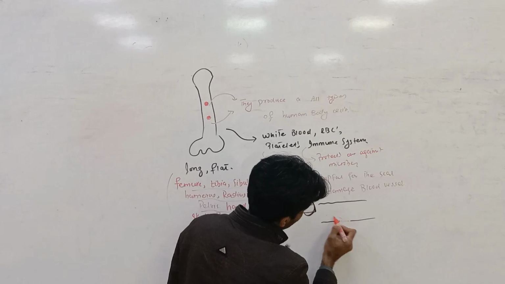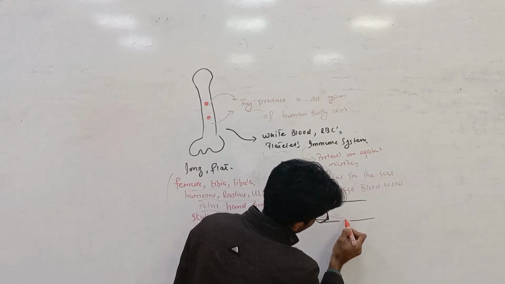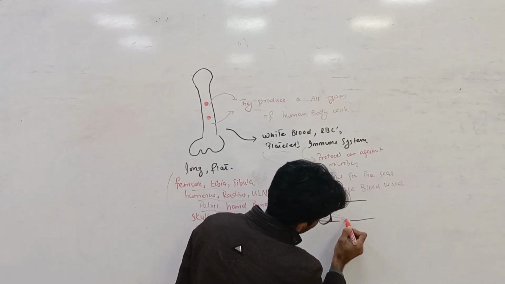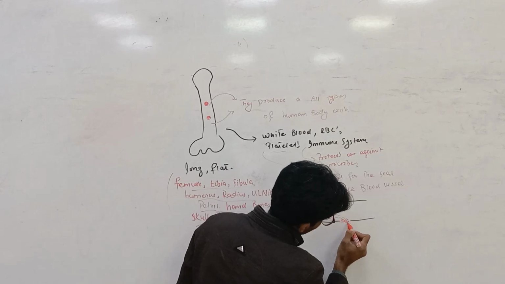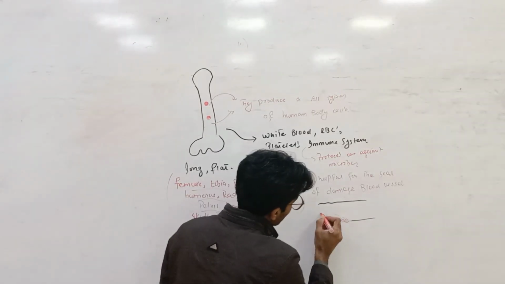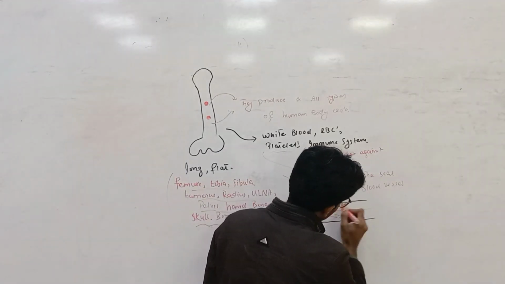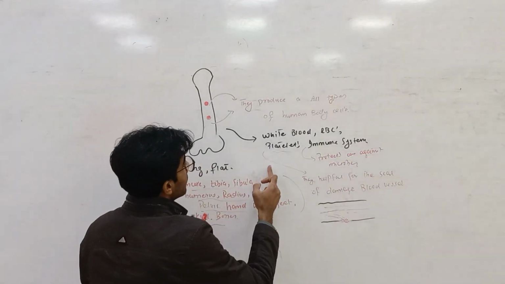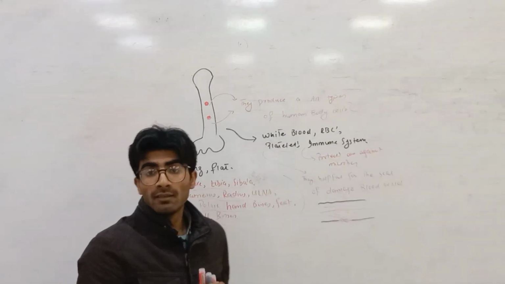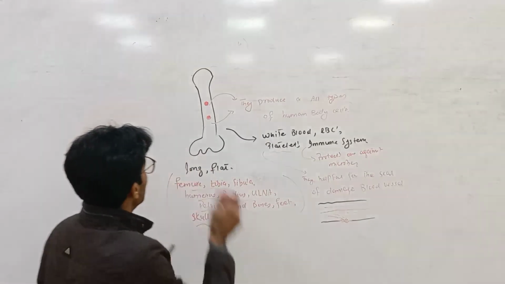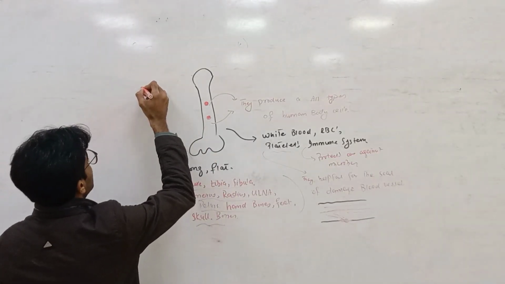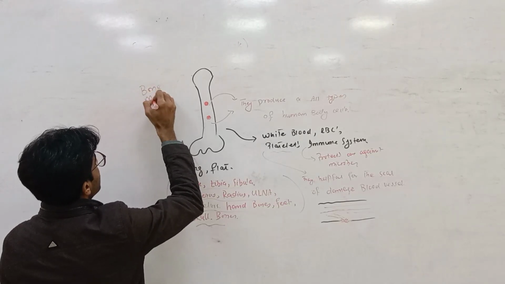So platelets come here and form a clot. They block the damaged tissue and blood circulation becomes normal. Platelets are produced by stem cells, and stem cells are present in the bone marrow.